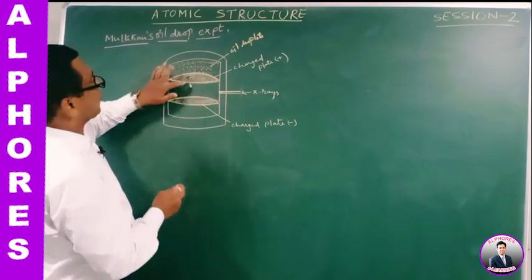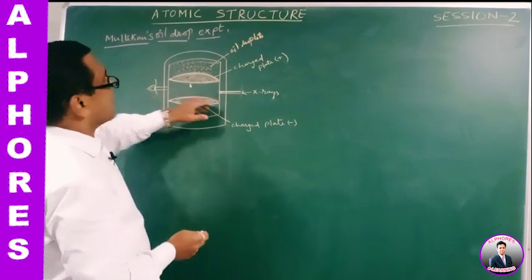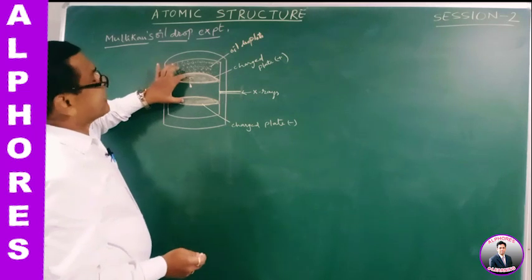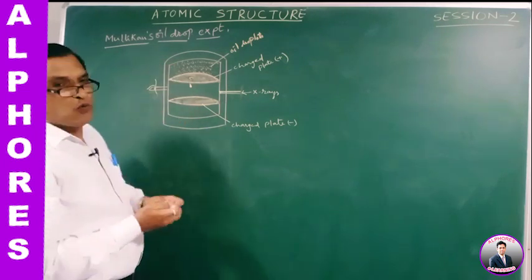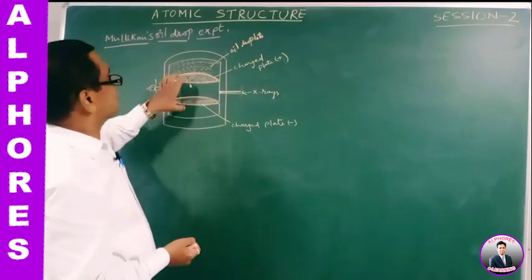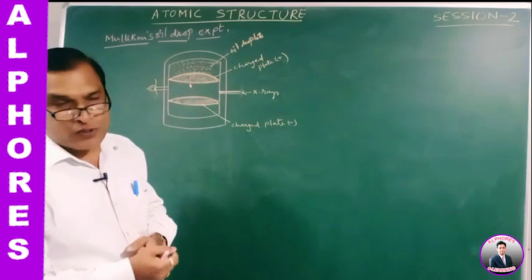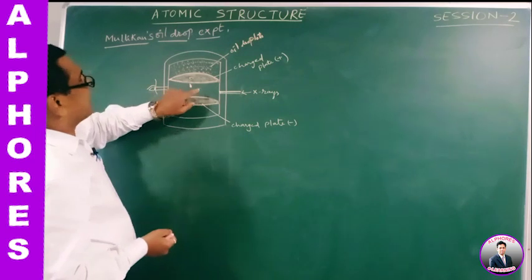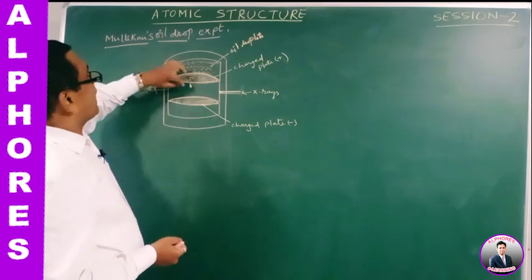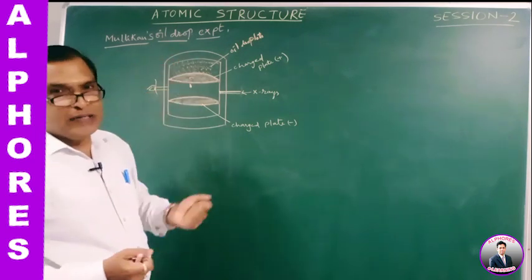The charge is acquired on the droplets because the gases present in this chamber get ionized. These ionized electrons are deposited on the oil droplets.